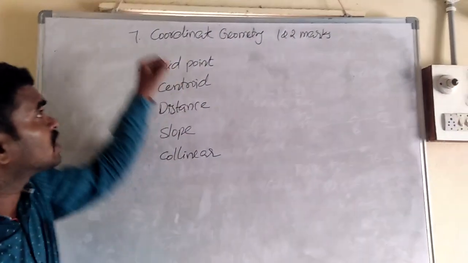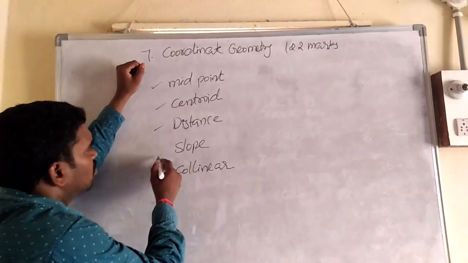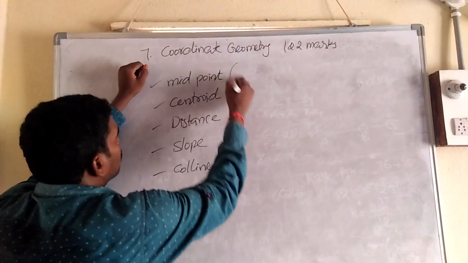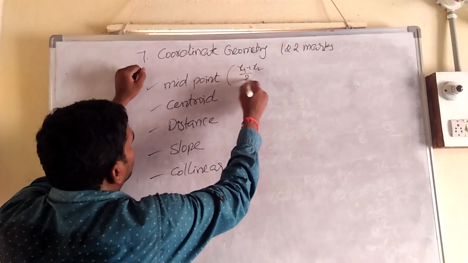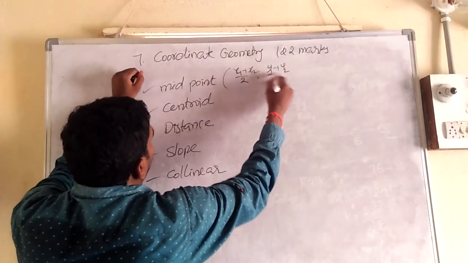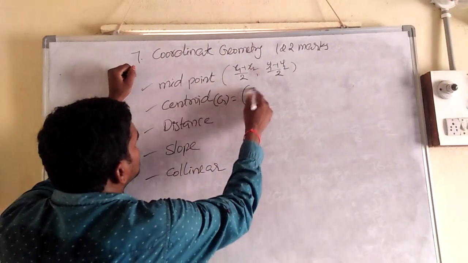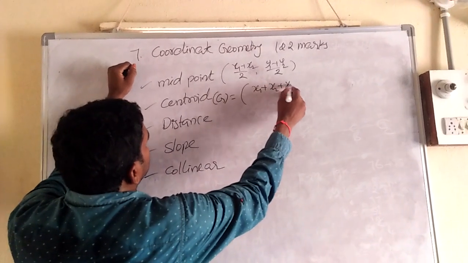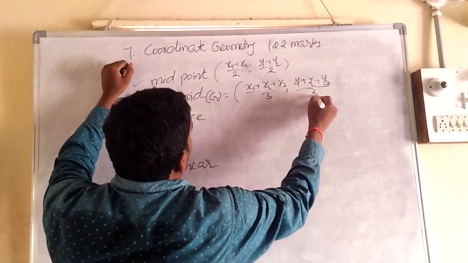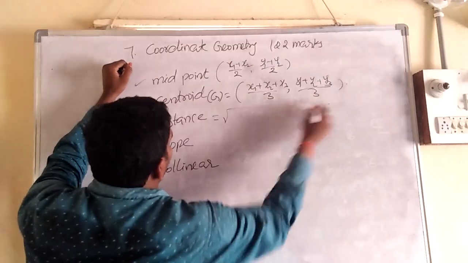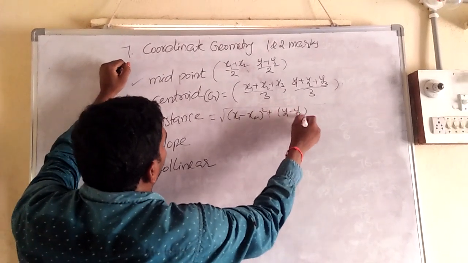In these 1 and 2 marks questions, we have discussed till now midpoint, centroid, distance formula, slope, collinear. Once again I am repeating: the midpoint formula, if two points are given, is (x1 + x2) by 2, (y1 + y2) by 2. Next, the centroid, denoted by G, is (x1 + x2 + x3) by 3, (y1 + y2 + y3) by 3. The distance formula is the root of (x1 - x2) whole square plus (y1 - y2) whole square.